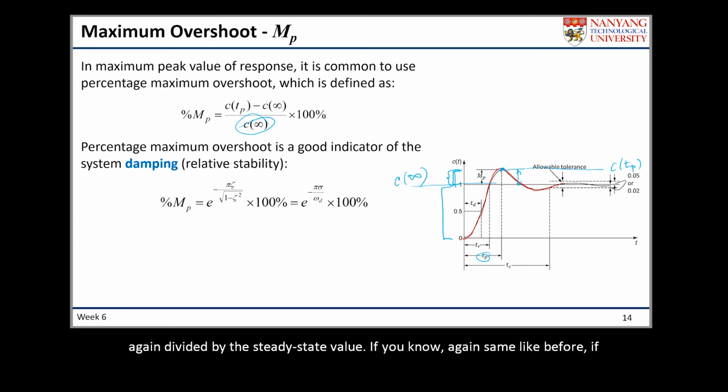Same as before, if you know the parameters of your second order system, you should be able to estimate the maximum overshoot as well. How to do that? You can just refer to this formula.